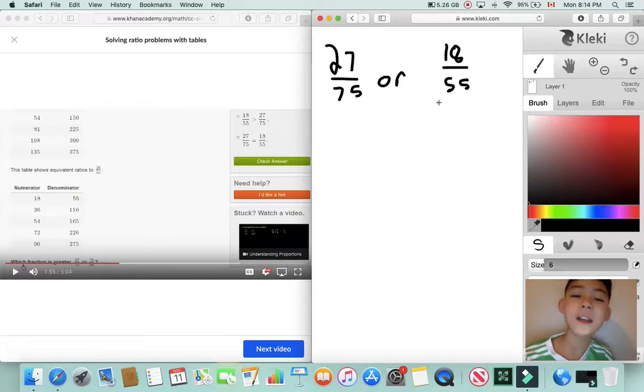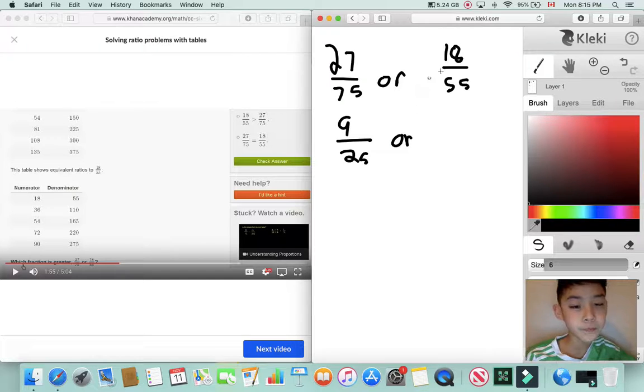How will I do this? I know what to do. I'll just try to simplify it as best that I can. So basically what I would do is simplify it. 27 divided by 3 is 9 over 25.